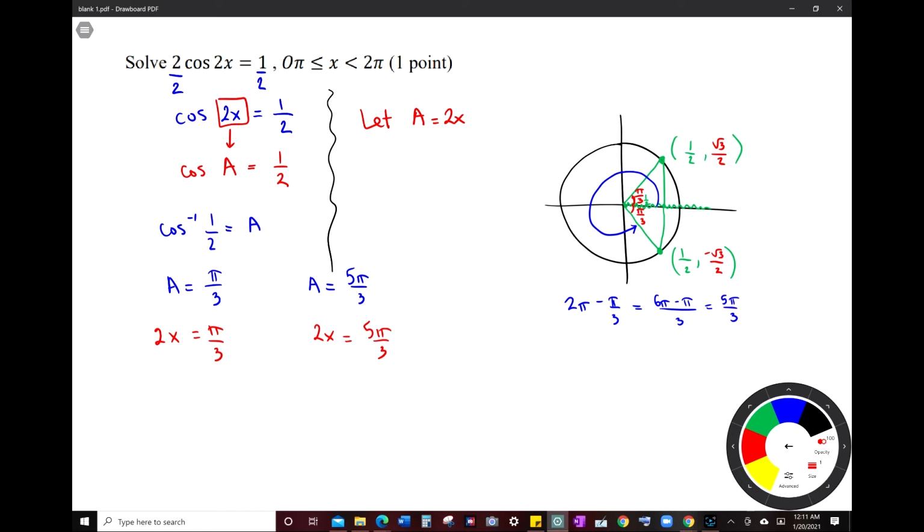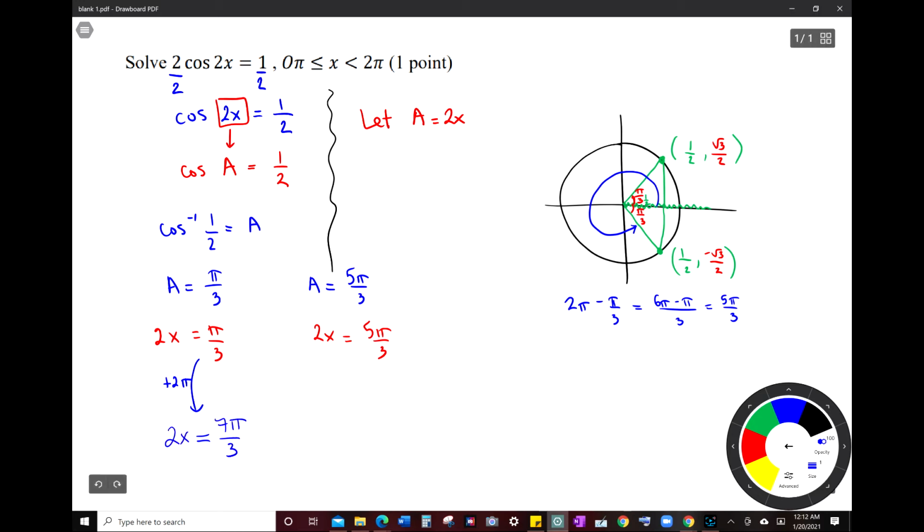For pi over 3, I will add 2 more pi to get the next solution. From pi over 3, if I add 2 pi, I will get 7 pi over 3.